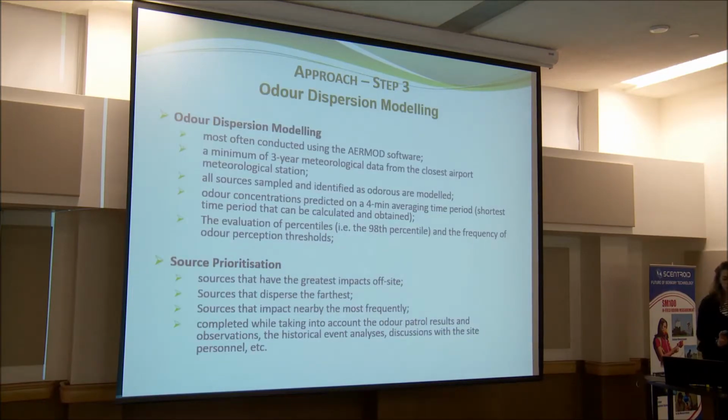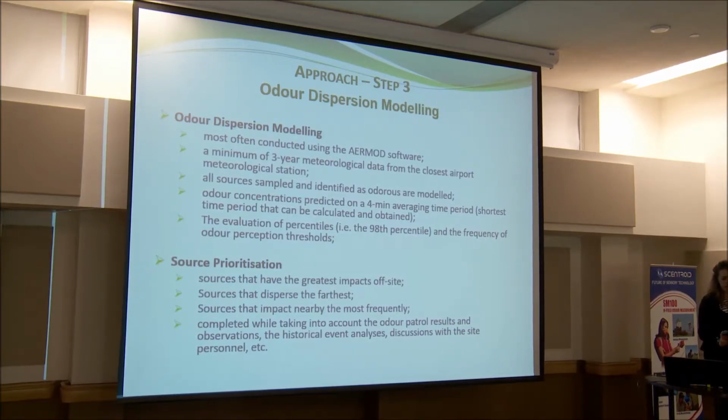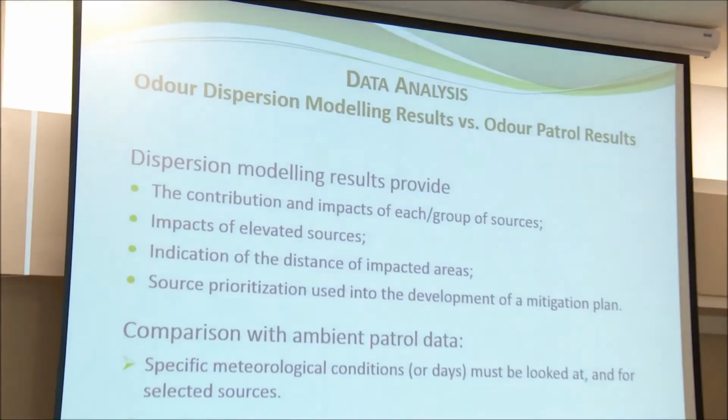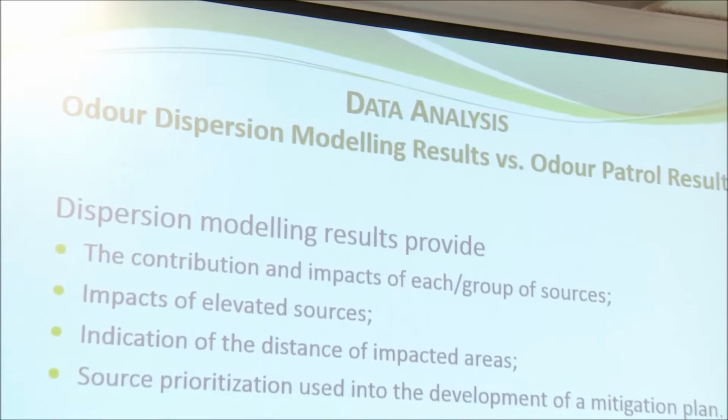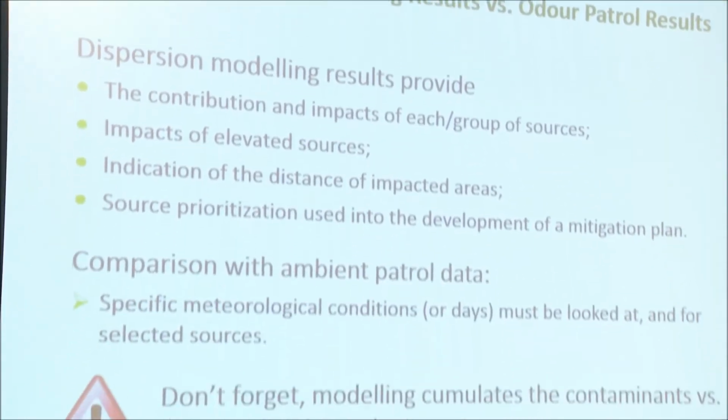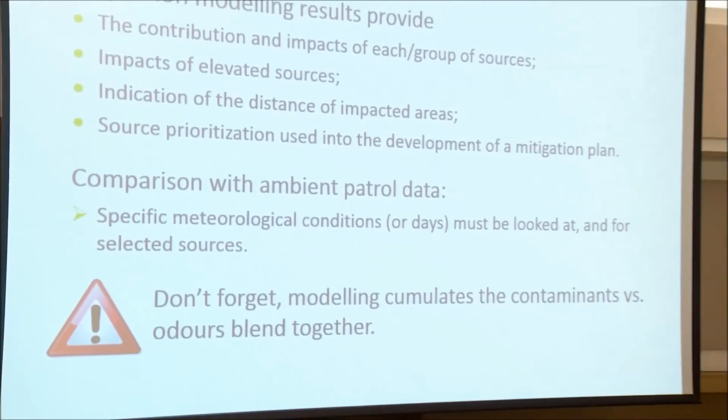and then dispersion modeling. Dispersion modeling, I think it has a lot of value. It helps you mostly to prioritize the sources. I'll show you, I'm lacking time here, so it shows you the contribution of impacts of each source and groups of sources.